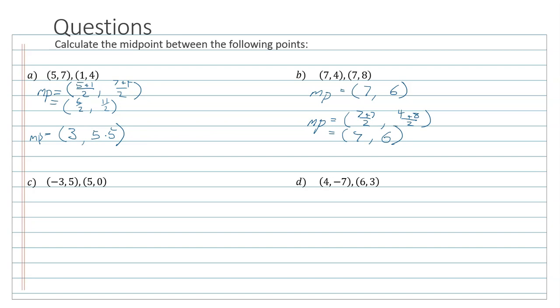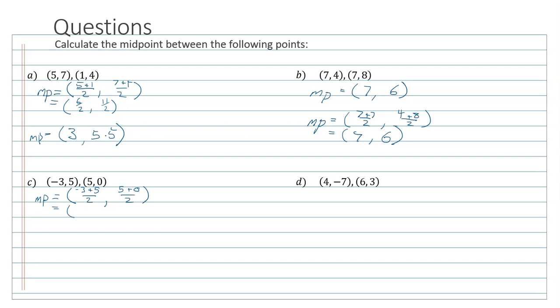Now in C, we'll put in the formula again. Notice that we've got a negative in this case, but irrespective, let's continue on. We'll say negative 3 plus 5 over 2, and then 5 plus 0 over 2.